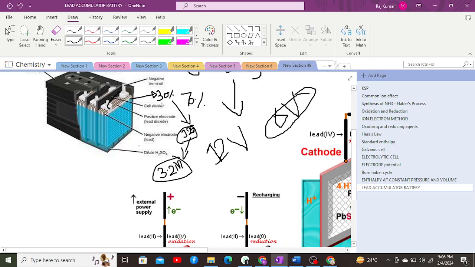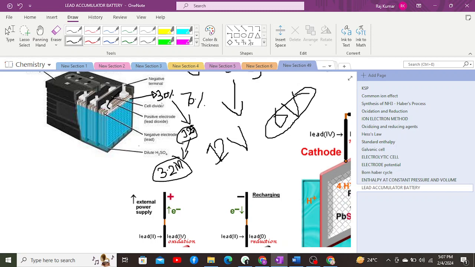According to the electrochemical series, lead has a less reduction potential, or negative reduction potential, as compared to lead oxide, as a result of which lead is considered the anode, and it has a positive charge because of performing oxidation.